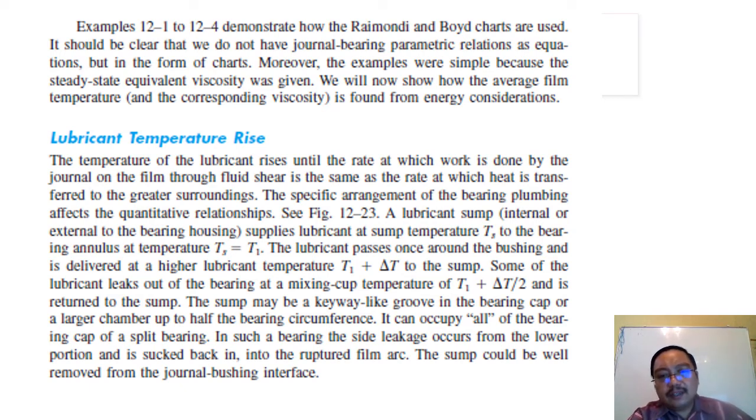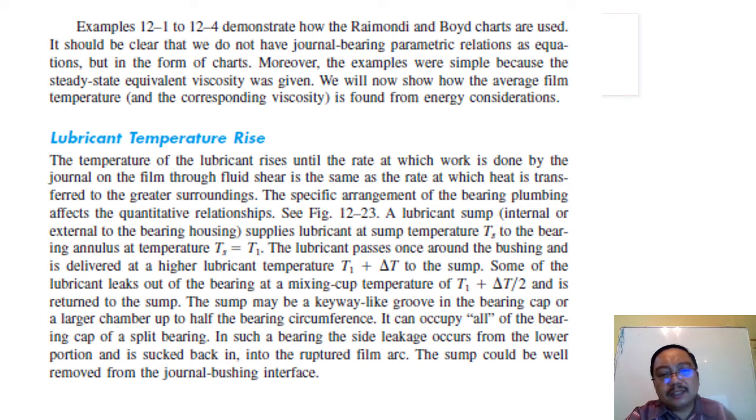You can see figure 12.23 in the next slide. A lubricant sump, internal or external to the bearing housing, supplies lubricant at some temperature Ts, the temperature of the sump, to the bearing.